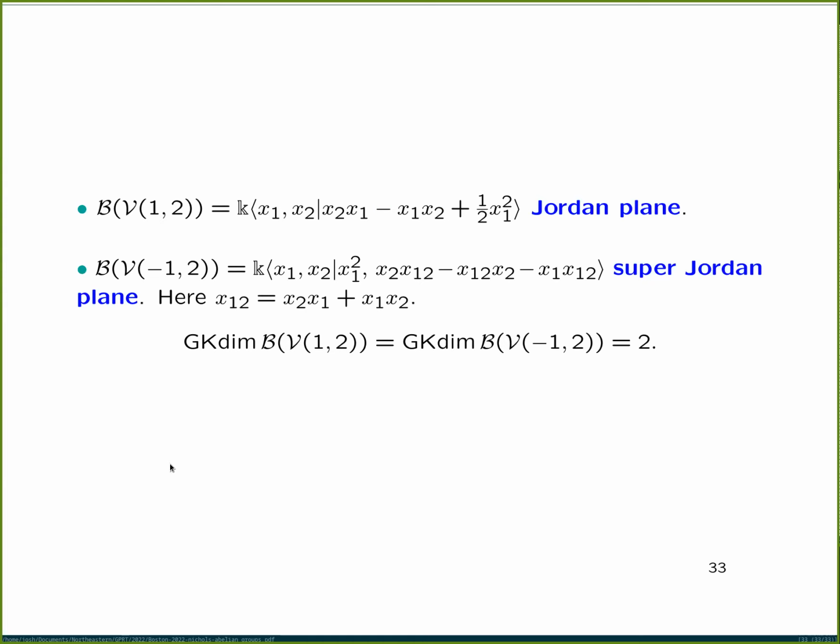When epsilon is 1 and L is 2, it is the Jordan plane, which is a quadratic algebra, a kind of non-standard deformation of the usual quantum plane. And when epsilon is minus 1, what you get is an algebra which has one quadratic relation and one cubic relation. And we call this the super Jordan plane.